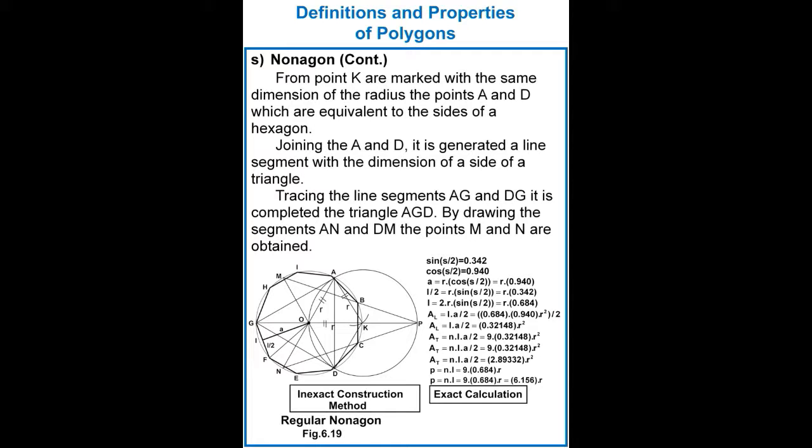Starting at point A and passing through the center of the circumscribed circumference, the straight line segment NA is drawn. Beginning at the point D and passing through the center of the circumscribed circumference, the straight line segment DM is traced.